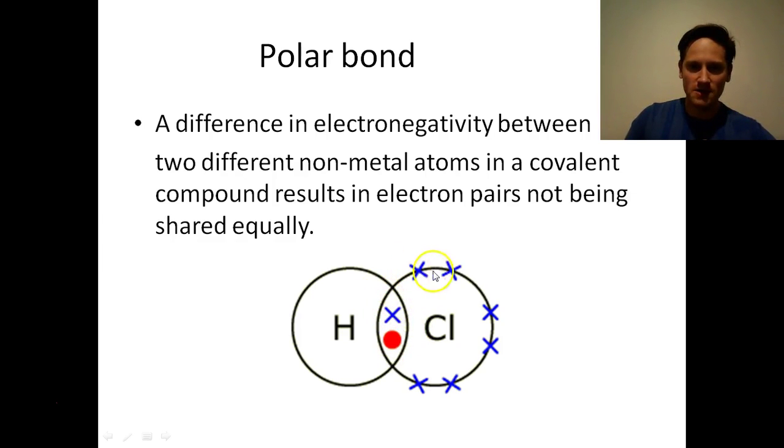So now chlorine has 8 valence electrons, which, going by the octet rule, is the perfect number, and hydrogen has 2 valence electrons, which fills its valence shell. So they're both nice and stable, and we've got our covalent bond in the middle here. At this point, I'd just like to ask you to pause the video again so you can write this paragraph down in your notes.